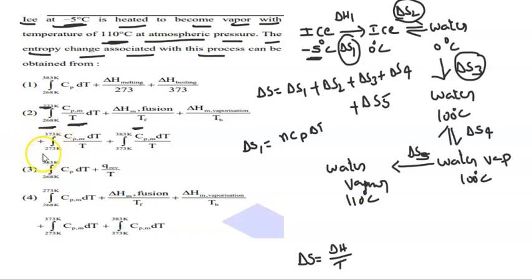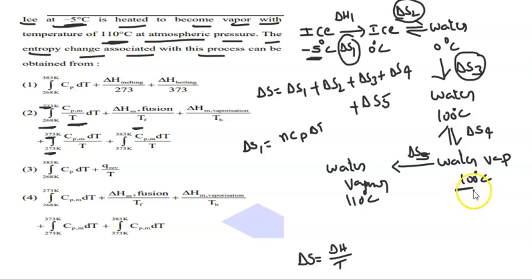Then the value of delta S3 is from 273 to 373, Cp by T dT. And now again equilibrium establishment takes place, that is delta H vaporization by T, because water has been changed to water vapor at 100 degrees centigrade.